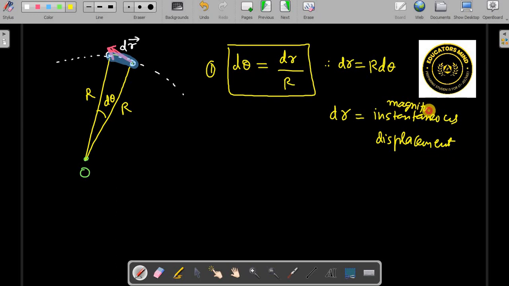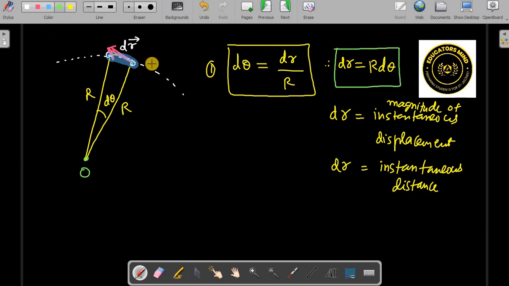It is the magnitude of instantaneous displacement, or you can say it is instantaneous distance. So dr is equal to r d theta.